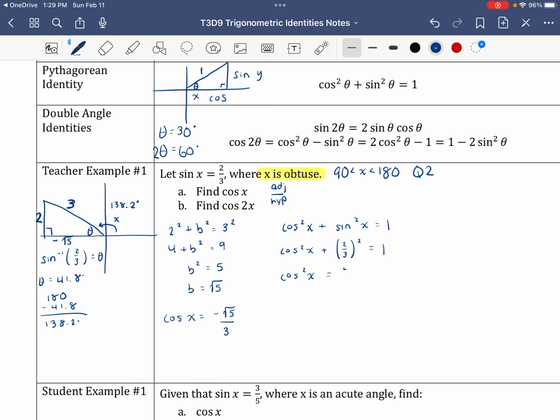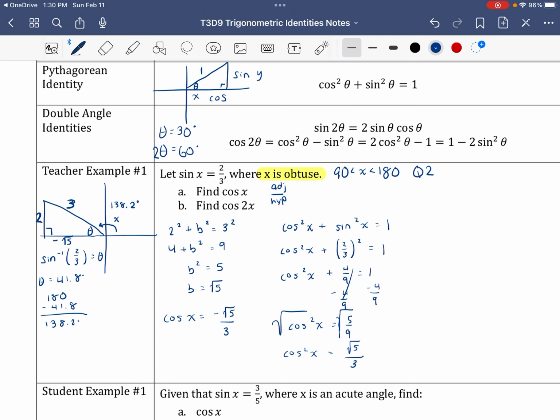Cosine squared x plus 4 over 9 equals 1, and I'm going to subtract 4/9 from both sides. And we get 5 over 9, and then we take the square root of both sides. Cosine x equals the square root of 5 over 3, right?